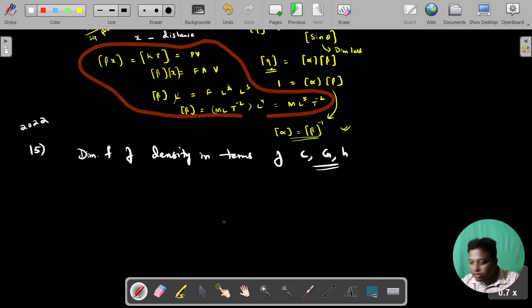So what we shall do here, I'll tell a technique for solving this problem with a smaller number of steps. The given options are like this.